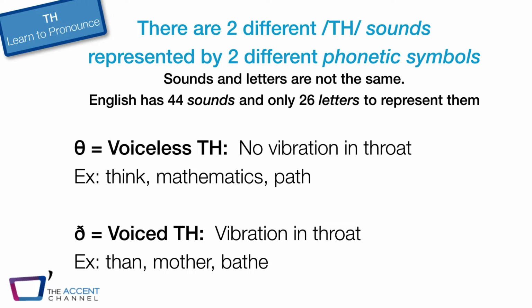So with TH, we have two types of this sound. This phonetic symbol represents the voiceless TH. All that means is that when you produce the sound, there's no vibration in your throat, and you can feel the difference when you put your hand on your throat.